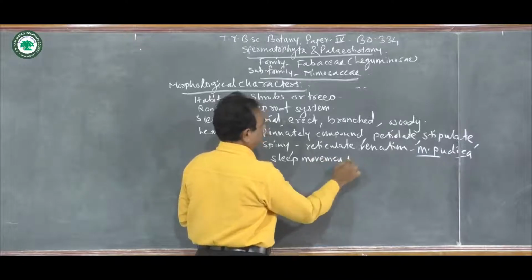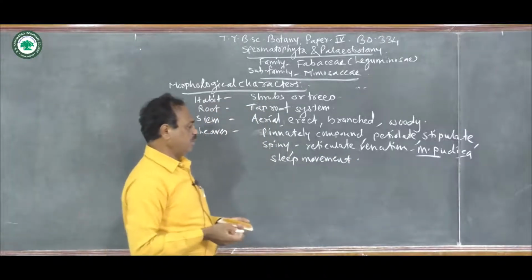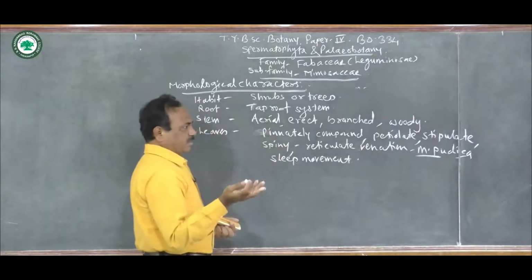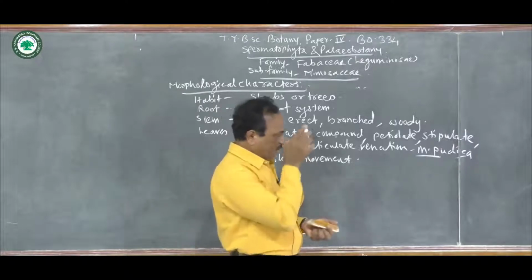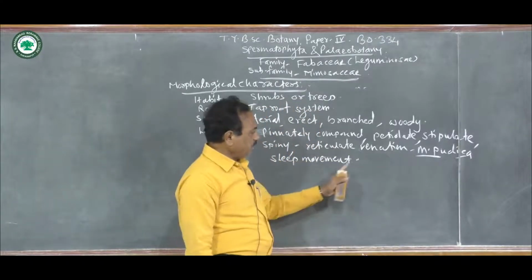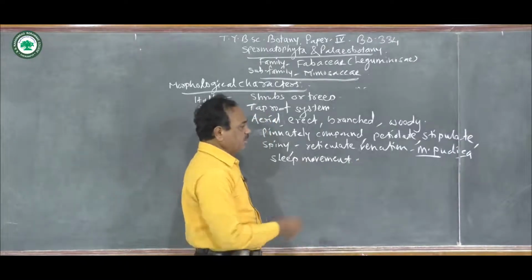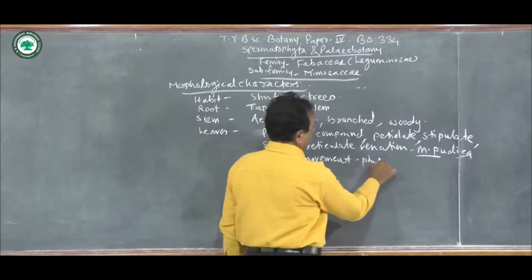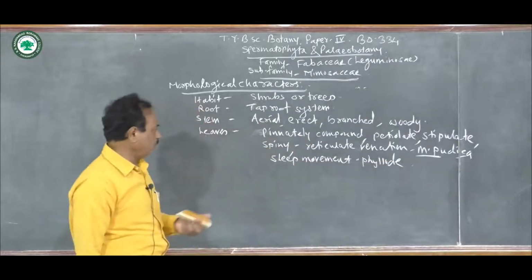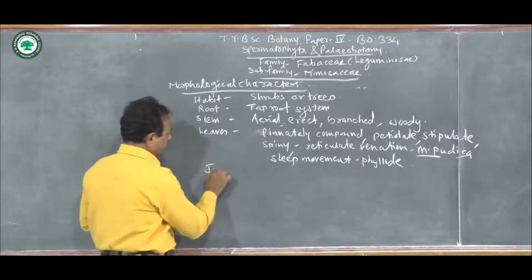After touching, the leaves show the sleep movement. In Acacia species such as Acacia auriculiformis, also known as the Australian Acacia, there is formation of phyllodes, where the petiole gets modified into a phyllode.